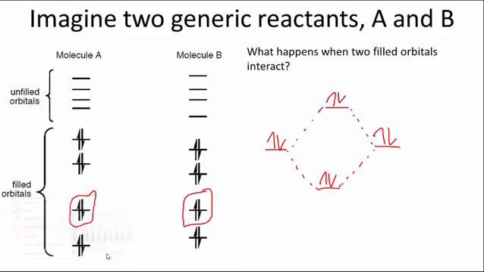So in this case, 2 electrons, these are happy because they're lower energy than they were before. Then we have 2 electrons that go in the higher energy one, those are sad. And so in this case, the happiness and the sadness cancel out. There's no net benefit to this interaction.